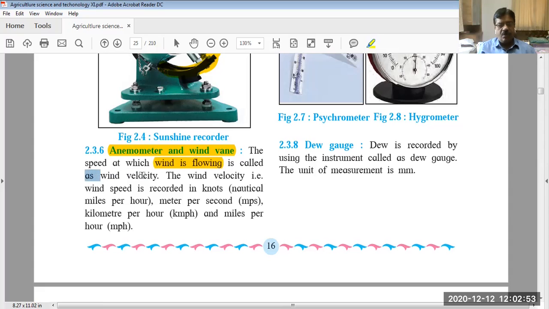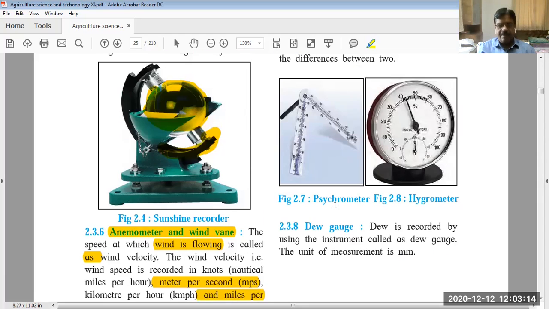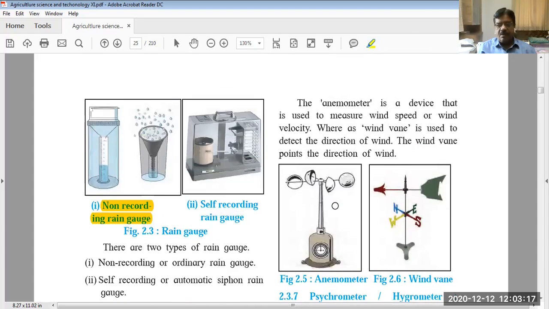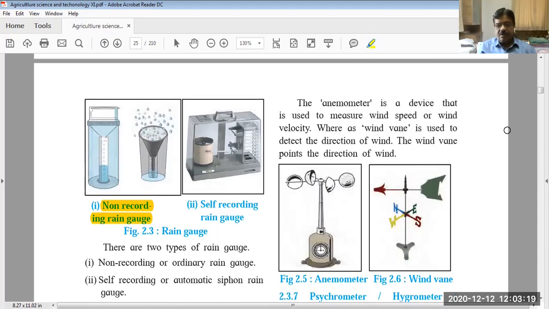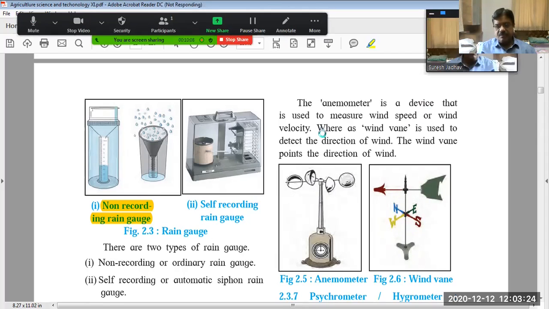This wind flow or wind velocity we have to measure, and this is measured in terms of meter per second, kilometer per hour, or miles per hour. So in any of these units, we can measure wind speed. Now this anemometer is a device that is used to measure wind speed or wind velocity.